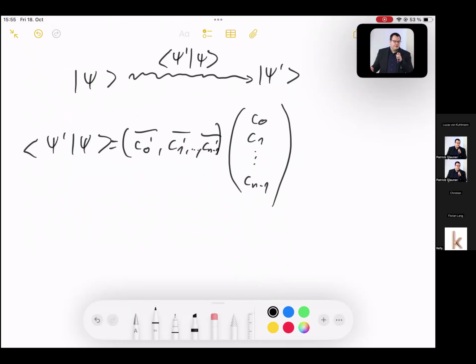We will finally get a sum of products: C0 prime conjugate times C0 plus C1 prime conjugate times C1, up to the last element, which is Cn minus 1 prime conjugate times Cn minus 1.